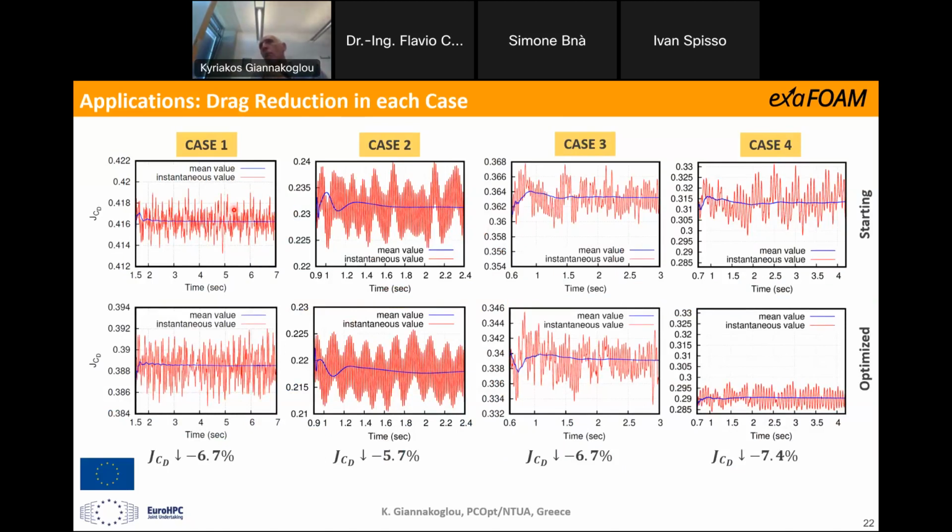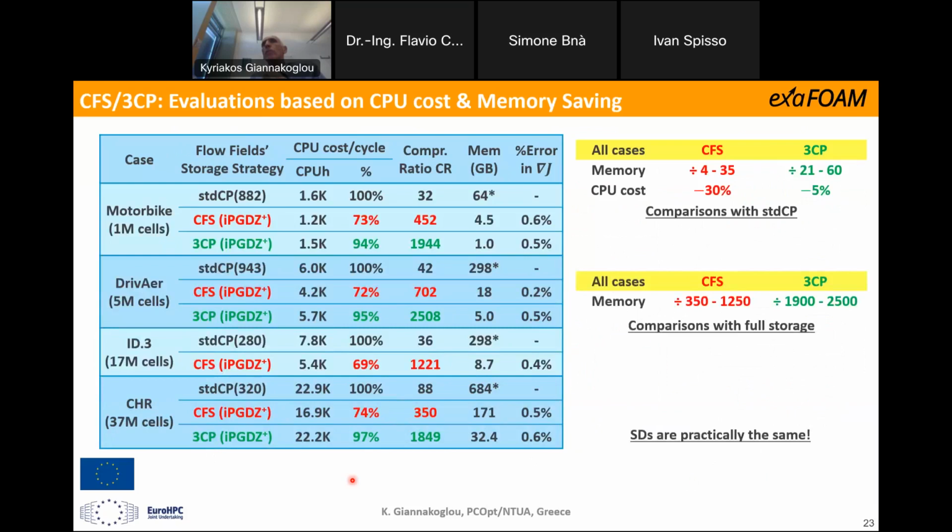The takeaway message for you is that all these methods work, I would say, perfectly. For instance, here you see that in all cases, the average drag, you see it with the blue line, goes down. And overall, we are happy to say that drag has been reduced by about 6% using compression.